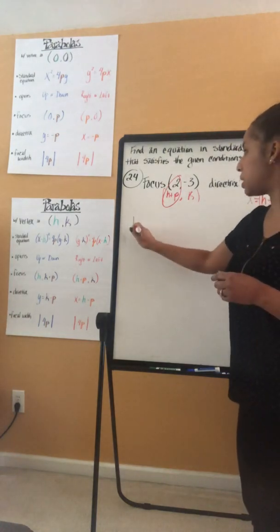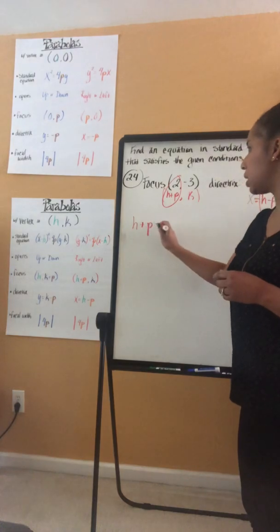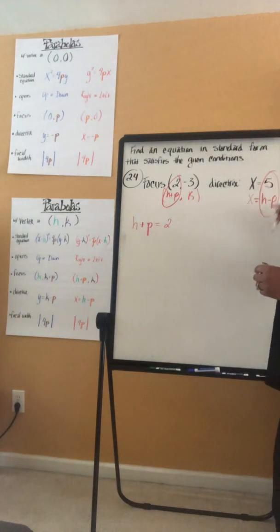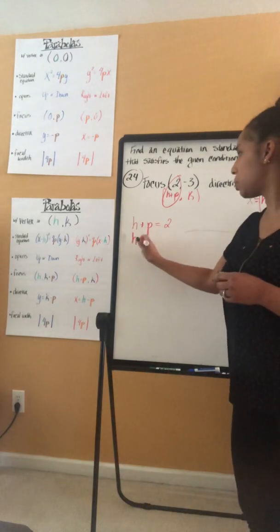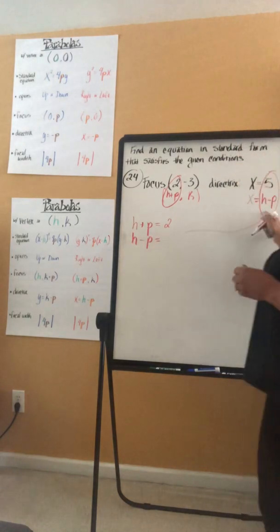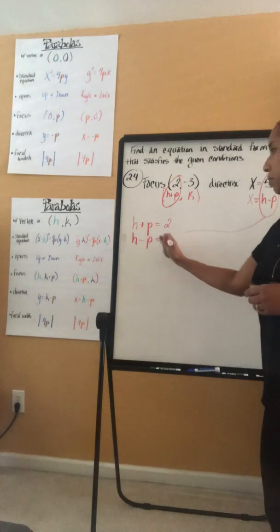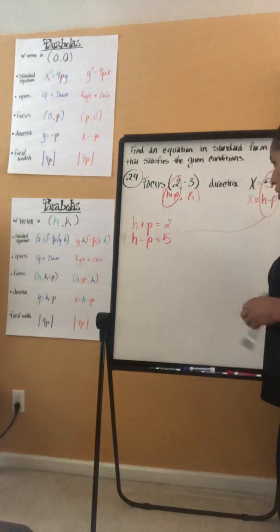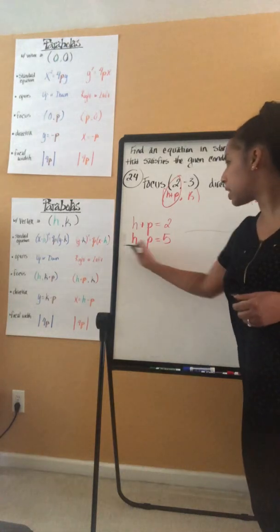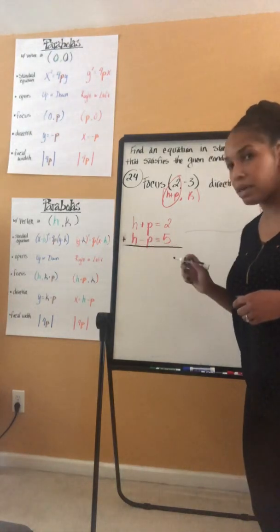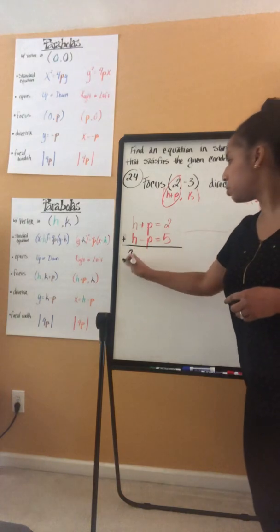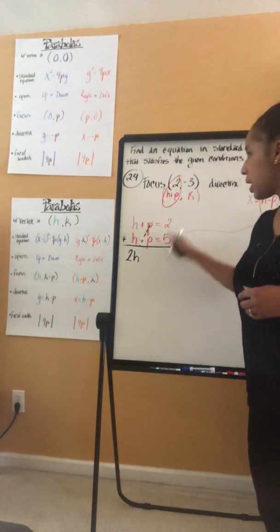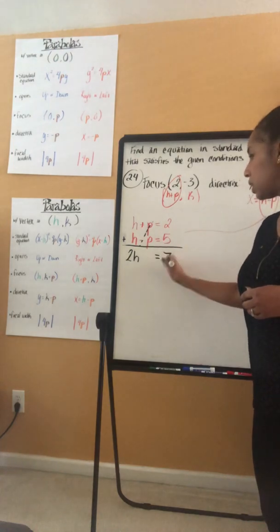All right, so what I know is H plus P is 2, and H minus P is 5. And then I will just solve for P. I will do elimination. If I add these two up, H plus H gives me 2H, the P plus the negative P will cancel out, and 2 plus 5 gives me 7.